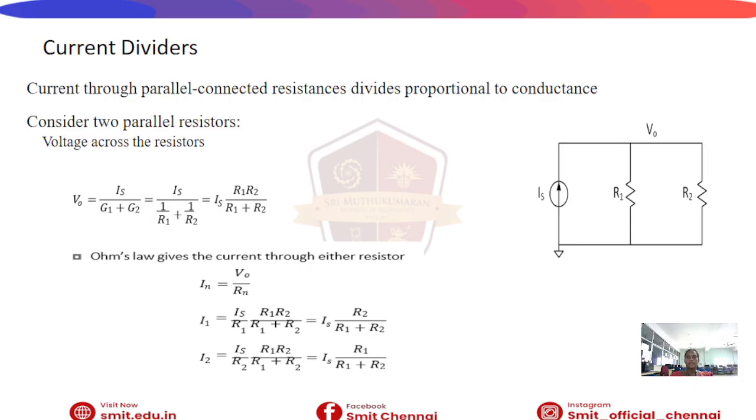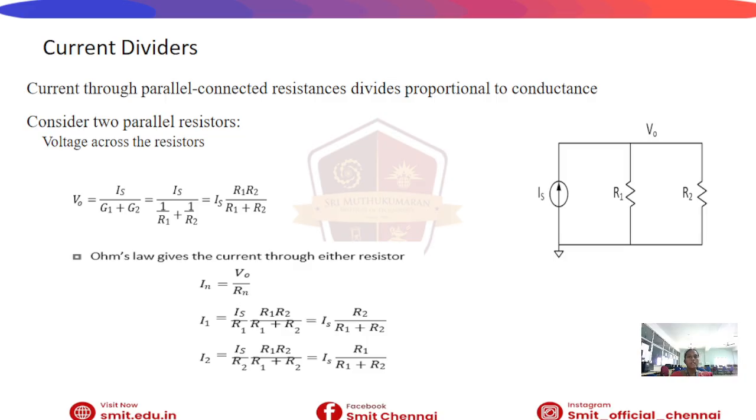Then current divider. In a parallel circuit, the total current divides among the branches proportional to conductance. Since voltage is the same across the resistors, current depends on resistance. The current through one of the two parallel resistors is given by the current divider rule.